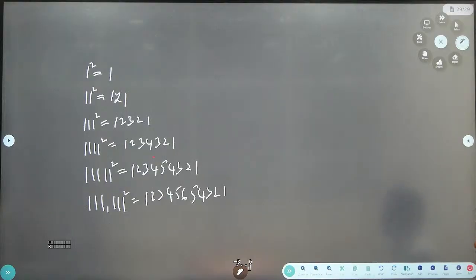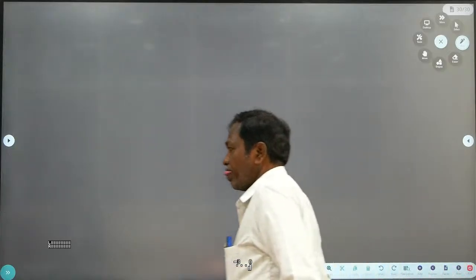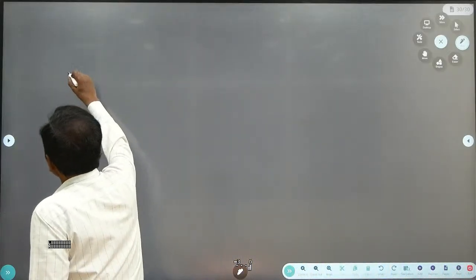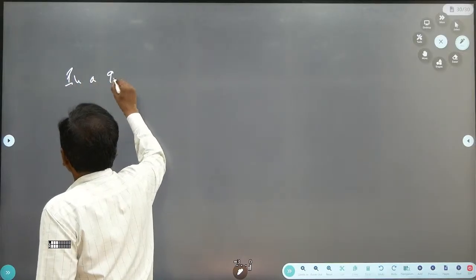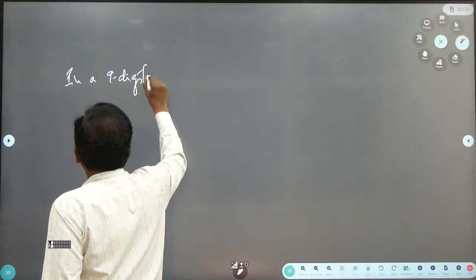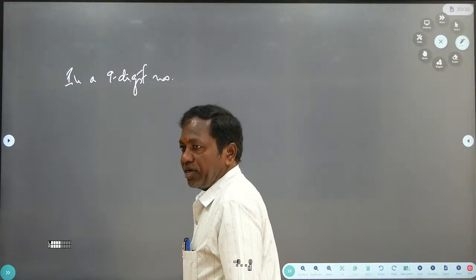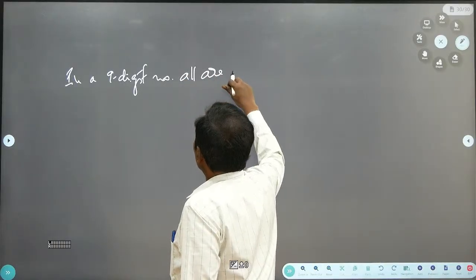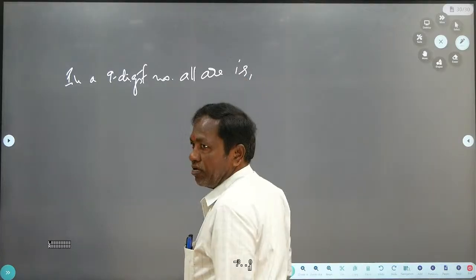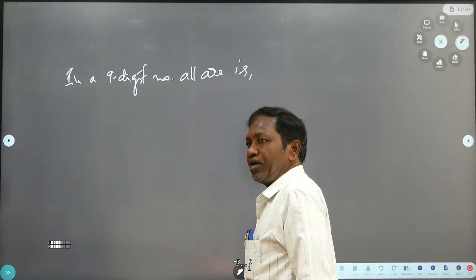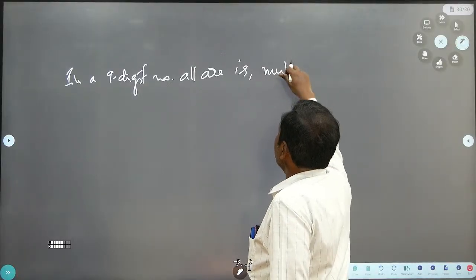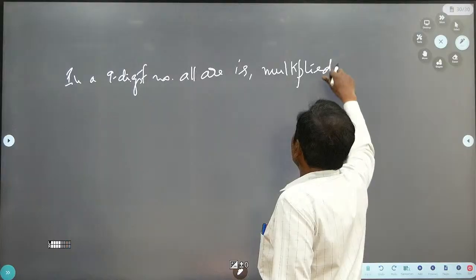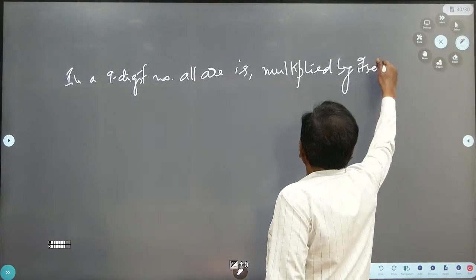So, like squaring a number. And see, the question was asked in such a way: a 9-digit number in which all are ones, multiplied by itself.